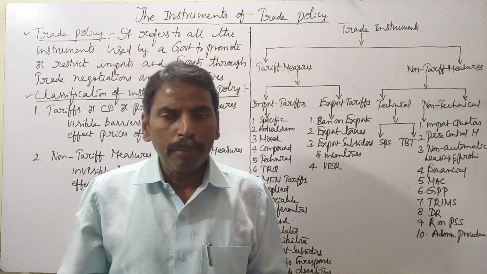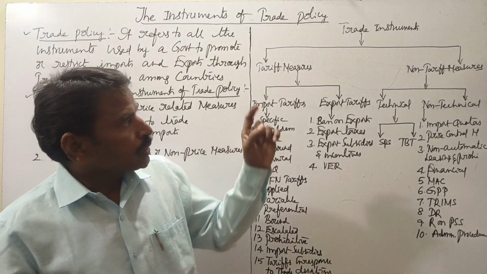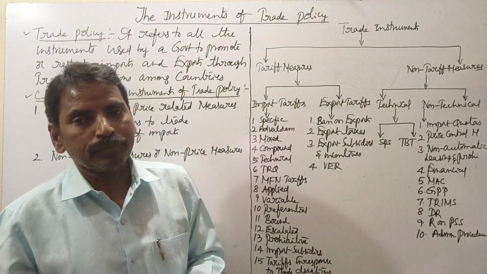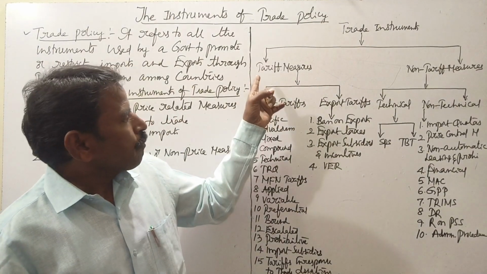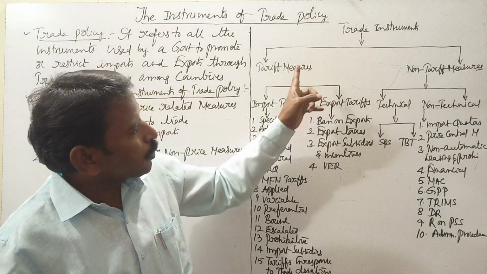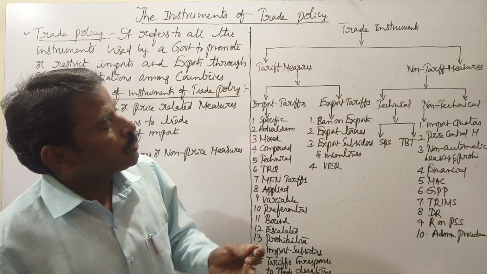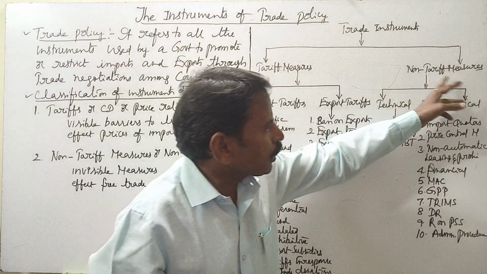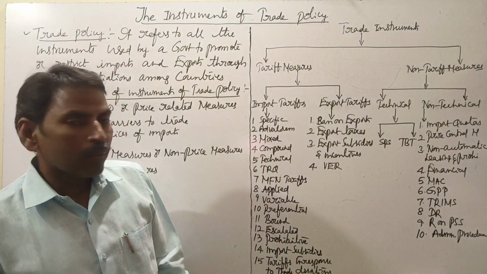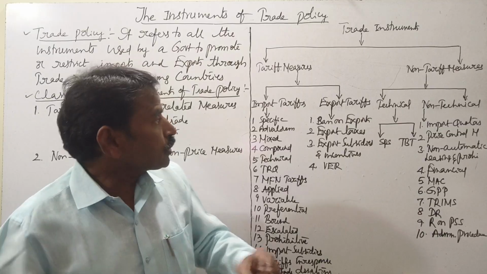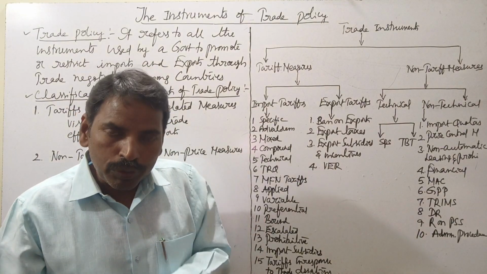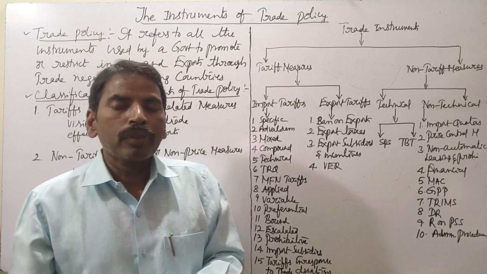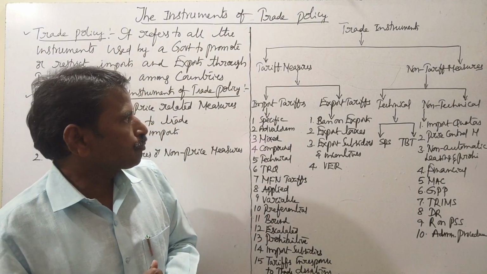Next, the flow chart of instruments of trade policy or trade instruments. Trade instruments can be broadly categorized into two categories. One is tariff measures, another one is non-tariff measures. What are the other names of tariff? Customs duty, price related measures, or visible barriers to trade.